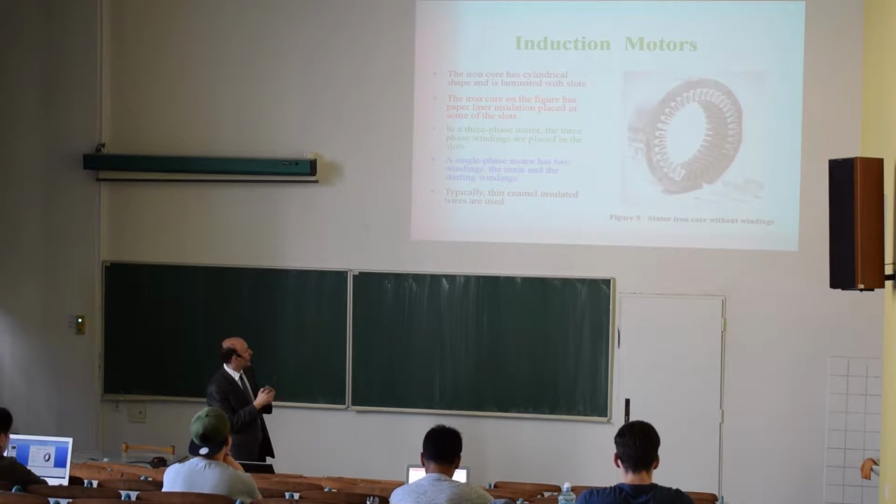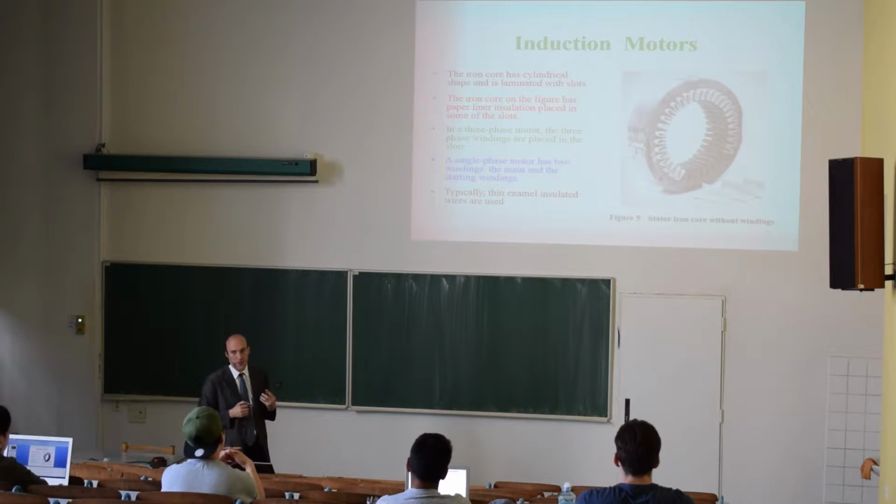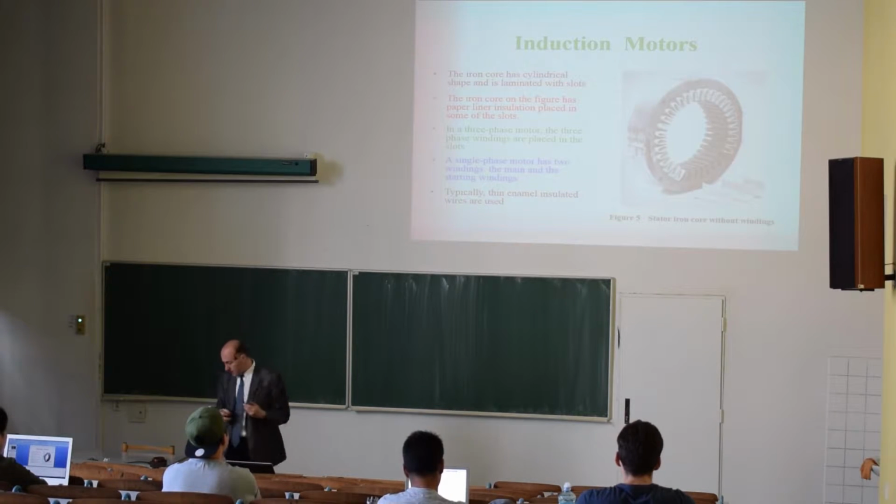So the copper wire will go in a specified pattern into those slots. And this white stuff, that's insulation, that serves to protect the copper wires from being damaged by the iron here, to prevent short circuit between the copper wire and this stator packet.